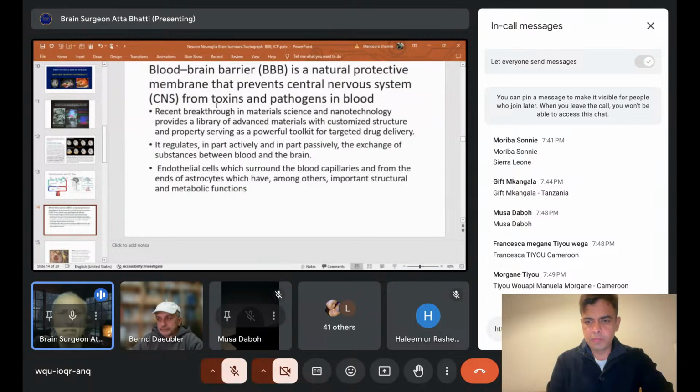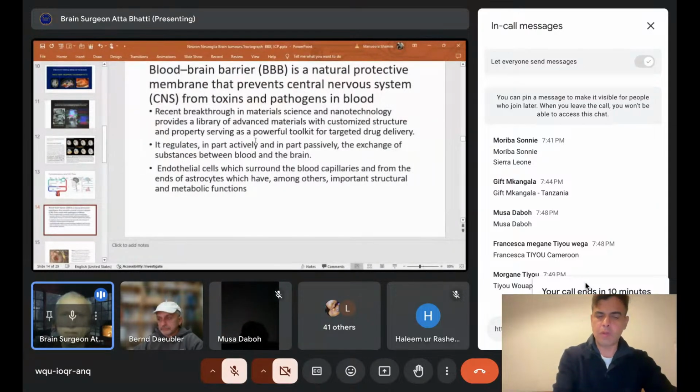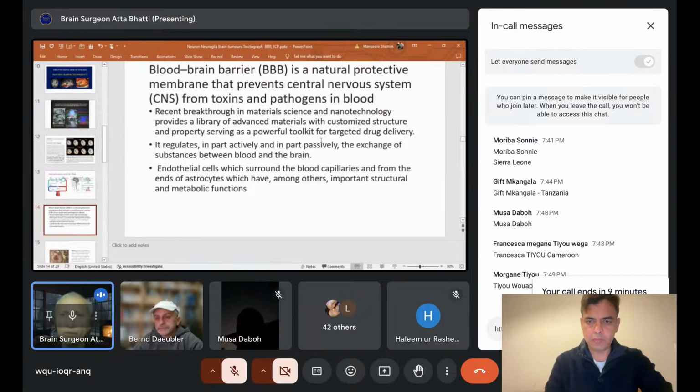The recent breakthroughs in material science and nanotechnology provide a library of advanced materials with customized structures and properties, serving as a powerful toolkit for targeted drug delivery. So by playing with the characteristics of the blood-brain barrier, you can selectively control the penetrance of medications.